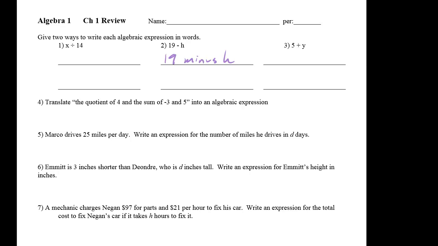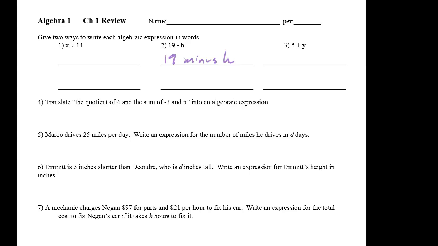Do you remember another way you can say subtraction? Okay, that's right. You have it in your notes probably though, right? Okay. One way is the difference of, and another way would be like h less than 19. No, yeah, it's okay that you don't know it off the top of your head.